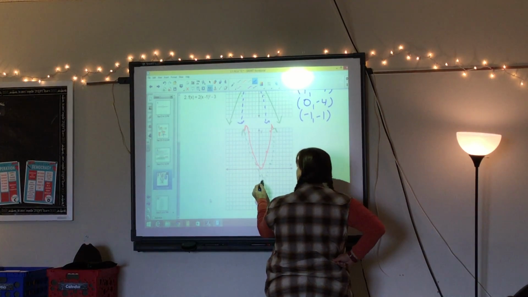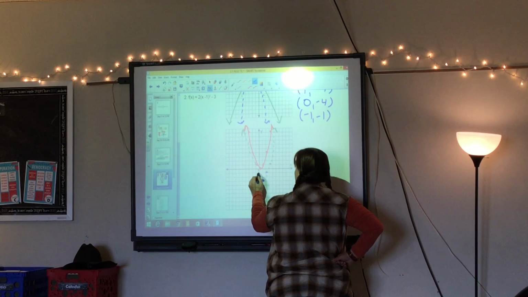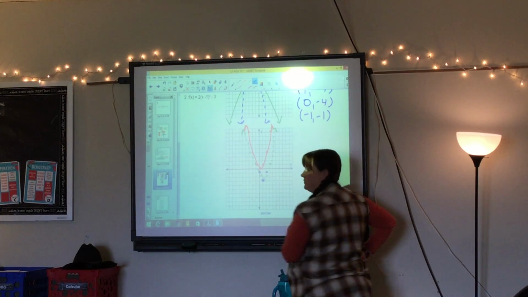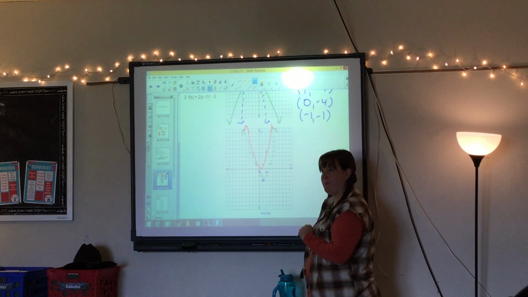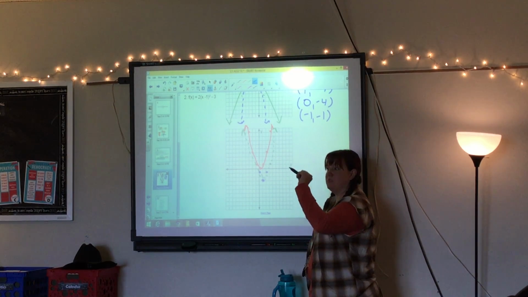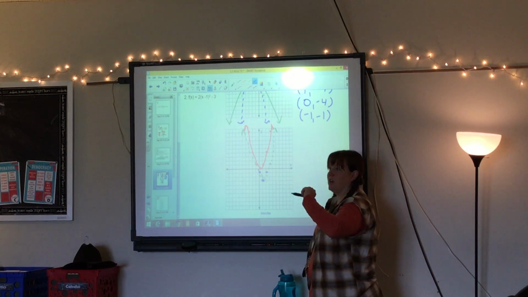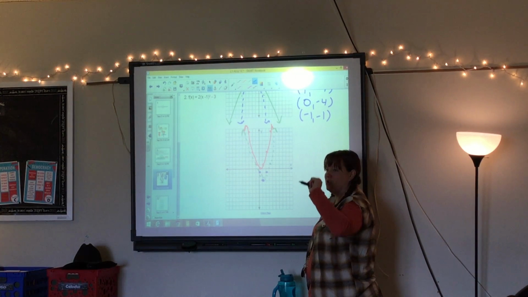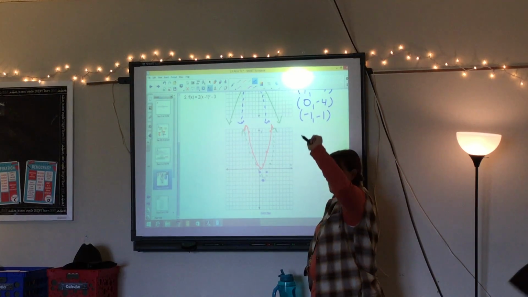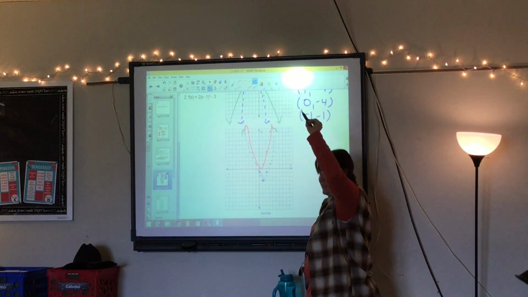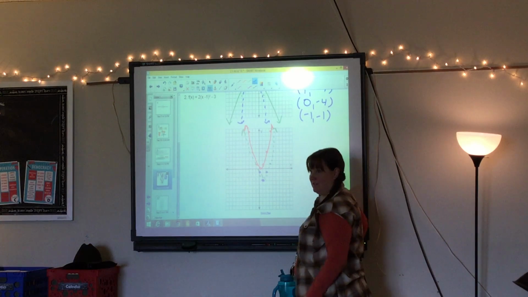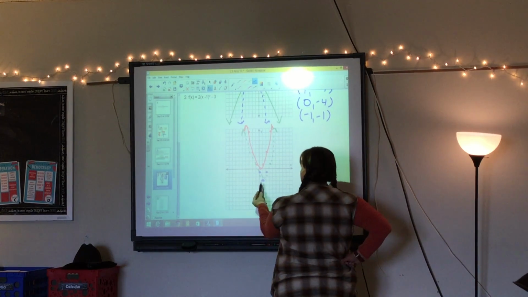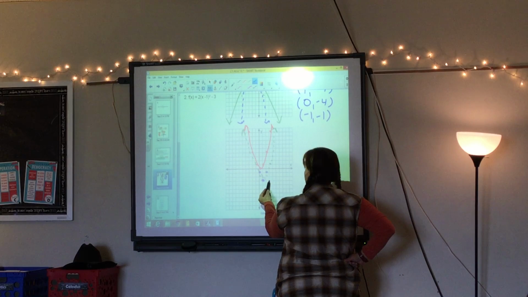From our vertex, up 2, over 1. Our next point, we normally go over 2, up 4, because 2 squared is 4. So we're going to go over 2, up 8 from our vertex.